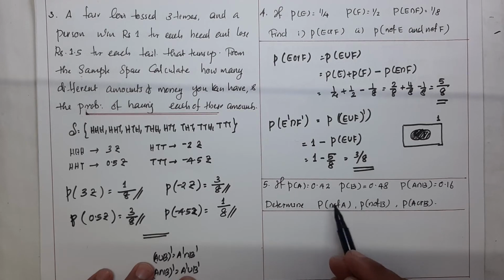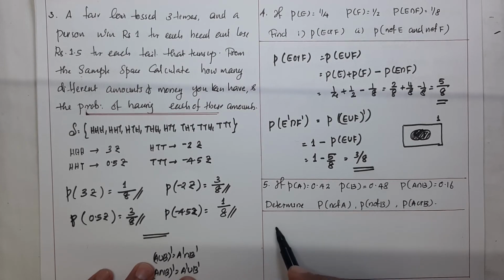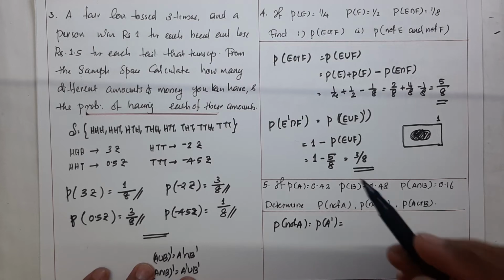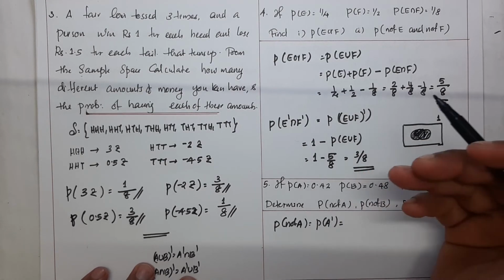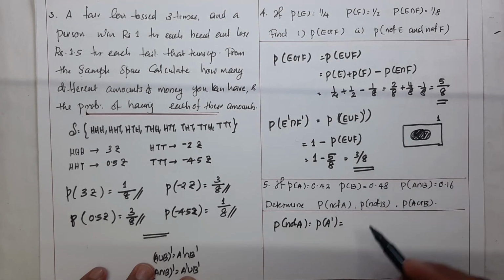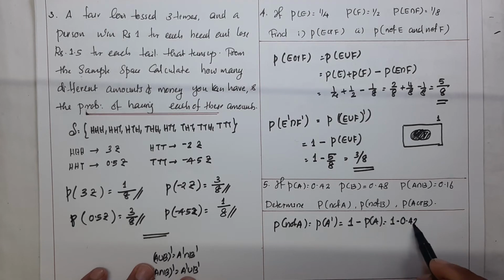Now, the next question is also very important and simple. P of not A is P of A complement. A complement probability means 1 minus the probability of that event, which is 1 minus 0.42, equal to 0.58.